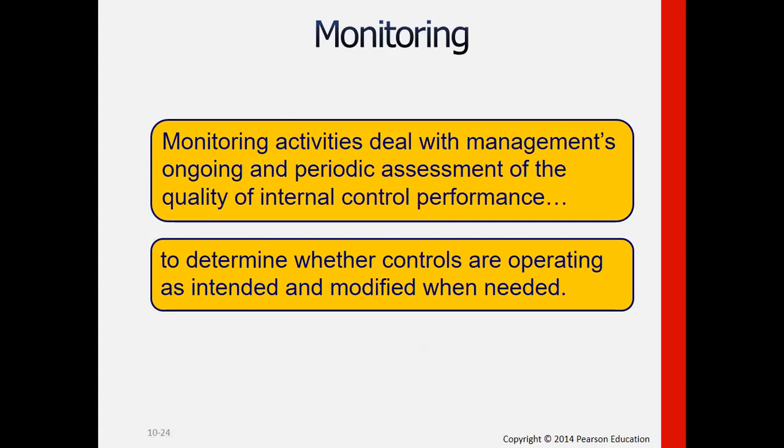The respective review of internal control performance, and of course the results or the effectiveness and efficiency of operations should be checked, so that we can know the feedback and how we are going to improve them for the next phases of operations, to determine whether controls are operating as intended and modified when needed. So as explained, we can check if they're effective and efficient, and we can, of course, modify and improve for the next phase or part.